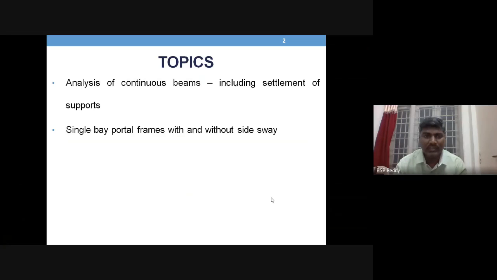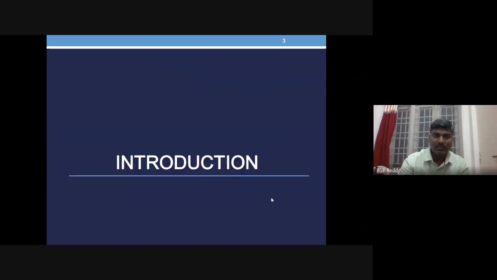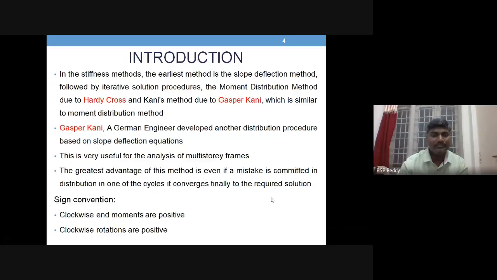Similarly, the sinking of supports. And when it comes to frames, two-dimensional frames, we are going to discuss frames without sway and also with sway. So this is the topic that needs to be considered.